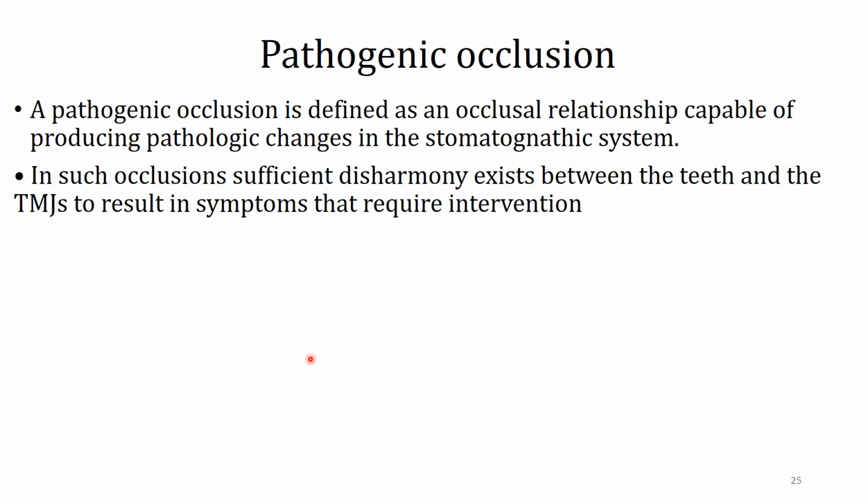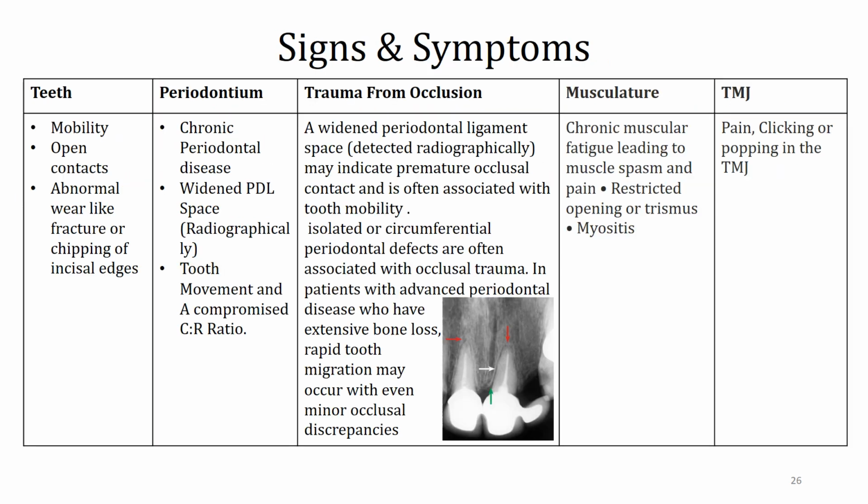In such occlusions, sufficient disharmony exists between the teeth and the TMJ to result in symptoms that involve intervention. So if we are creating problems in our whole stomatognathic system, then there has to be a pathogenic occlusion, which needs to be corrected.